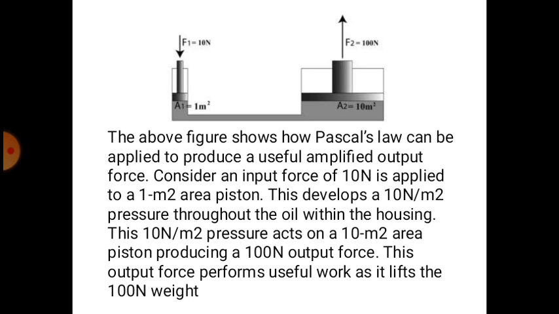This 10 Newton per meter square pressure acts on a 10 meter square area piston, producing 100 Newton output force. So this output force performs useful work as it lifts the 100 Newton load. So on one side we apply a very small force, but we get a high force on the other side.